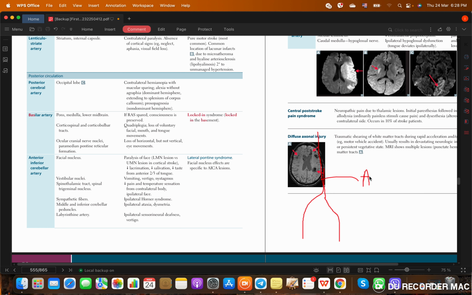For example, AICA, which is anterior inferior cerebellar artery, and PICA as well, which is posterior inferior cerebellar artery. In addition, they will also give the posterior cerebral artery. So this is cerebellar and this is cerebral, okay? So this is for the cerebellum and this is for the brain itself.